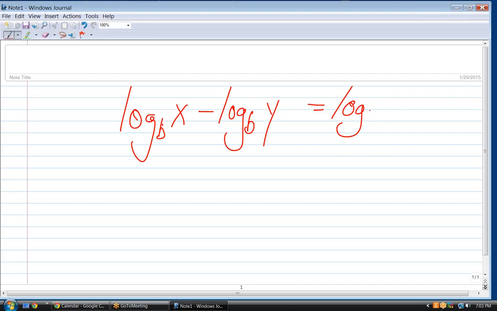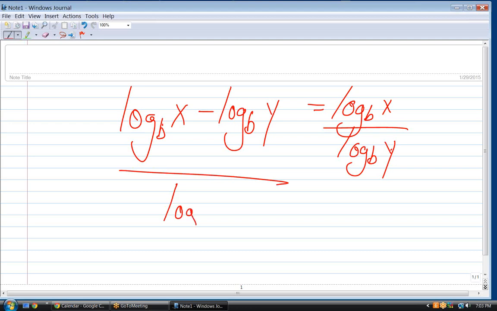Log base b of x over log base b of y. Like that? Because that's not right. In other words, if I apply the rules of logarithms, that turns into the log base b of x over y. And that's not the same as that.